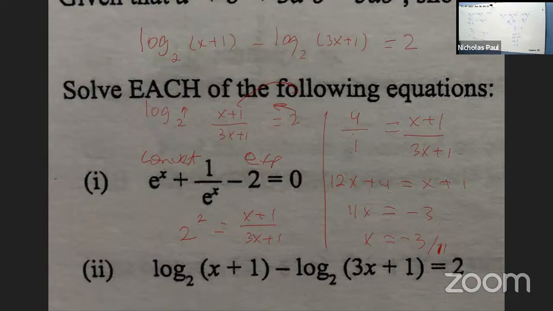Copy down, and then one more part. One more part, right? Copy that part.